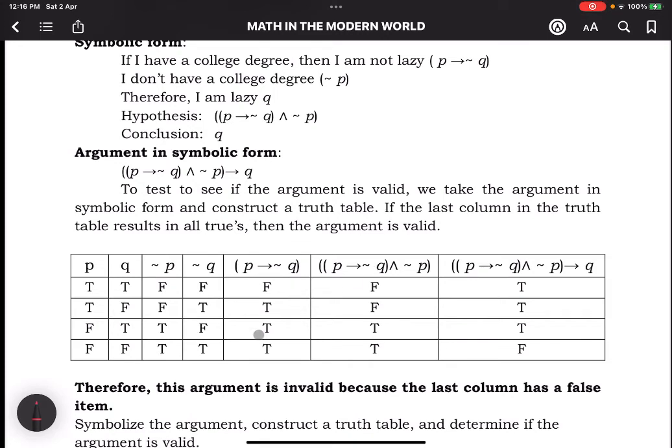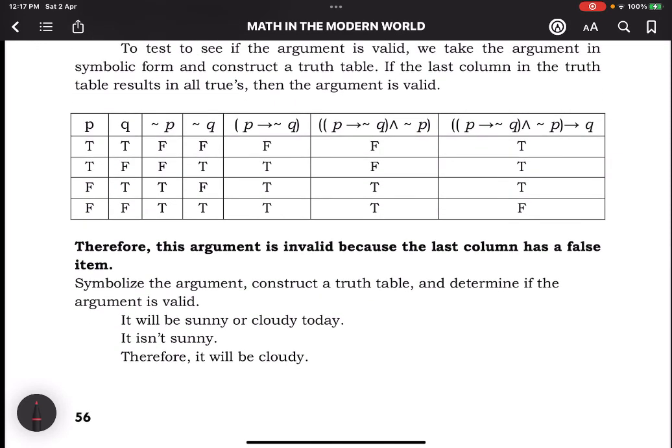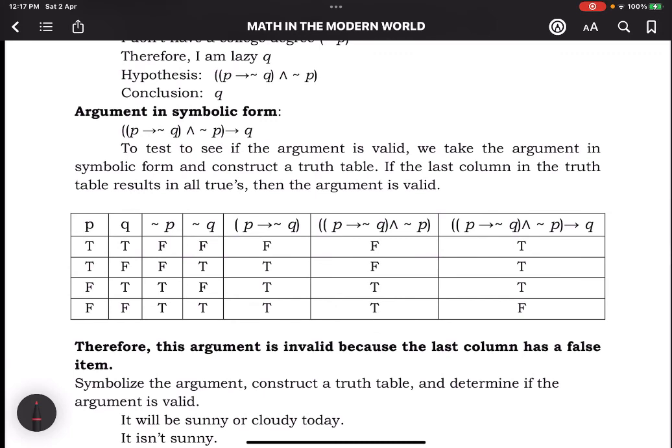Okay? The first example ay mayroong isang false, tatlong true, dalawang false sa second, may dalawang true. Ito naman may tatlong true at may isang false. Therefore, this argument is invalid because the last column has a false item. So, meron siyang false kasi dito. Therefore, hindi valid yung ating statement.